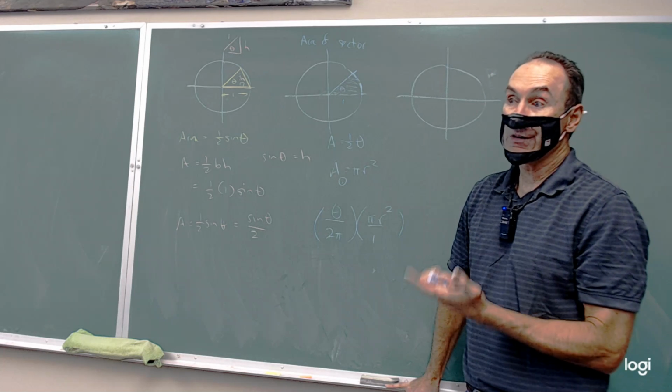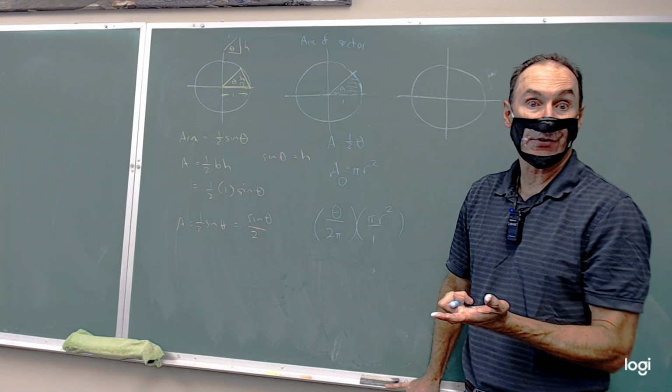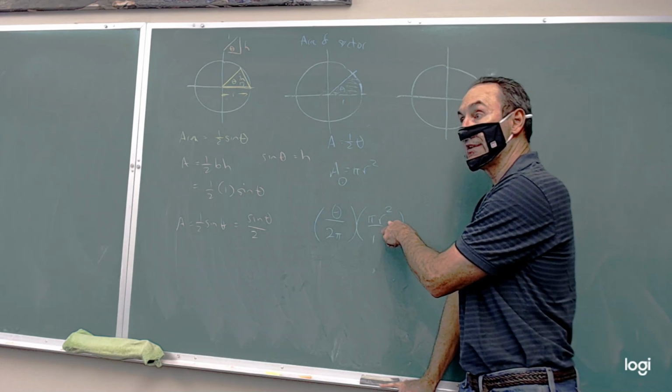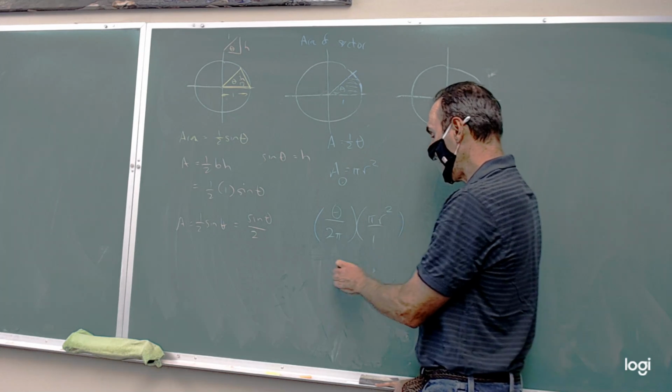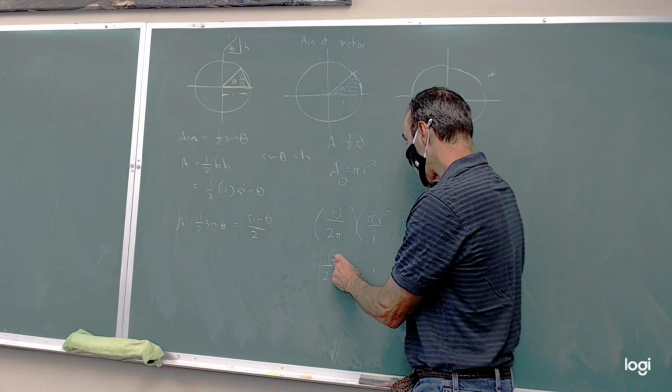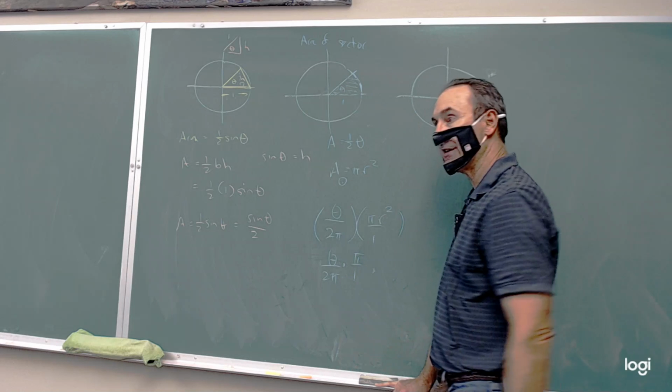But in our case, the radius of the circle is 1, so the r squared is really just 1. So we have theta over 2 pi times 1.